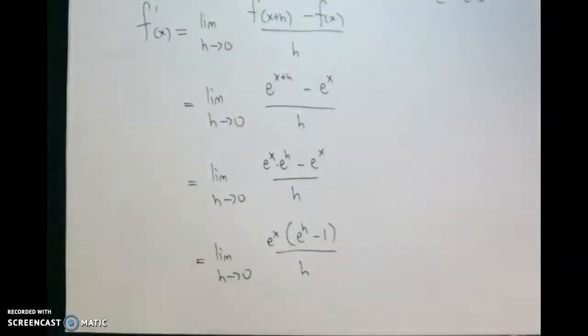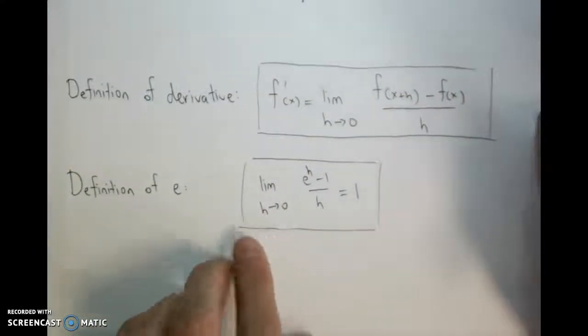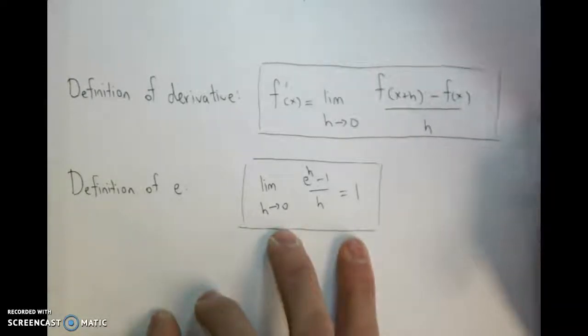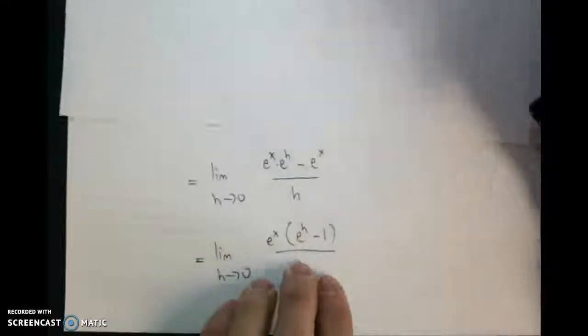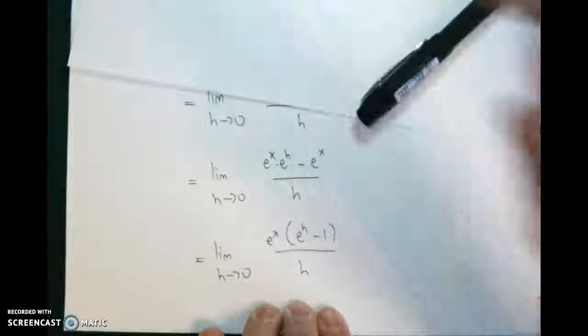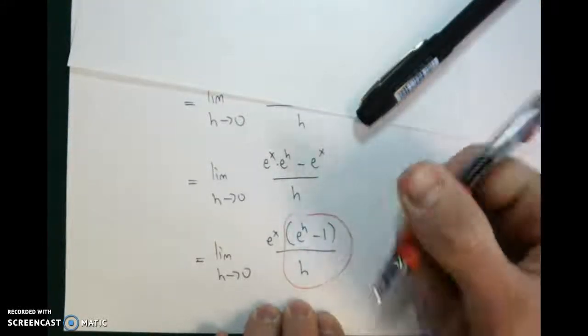Now think back to our two definitions on the previous page. Here they are, and look at the definition of e. e is the number that makes this limit equal to 1. But hey, this limit also appears right here in our proof. So this piece I've circled goes to 1 as h goes to 0.